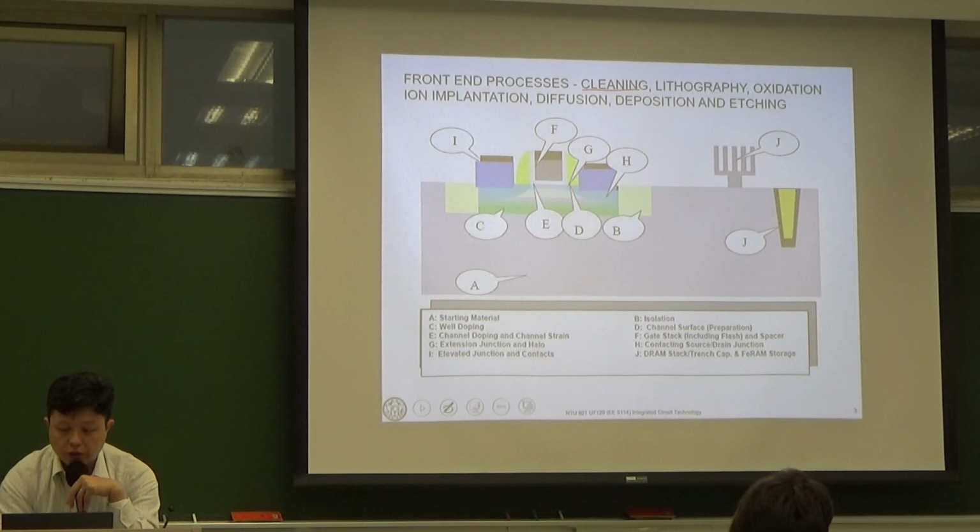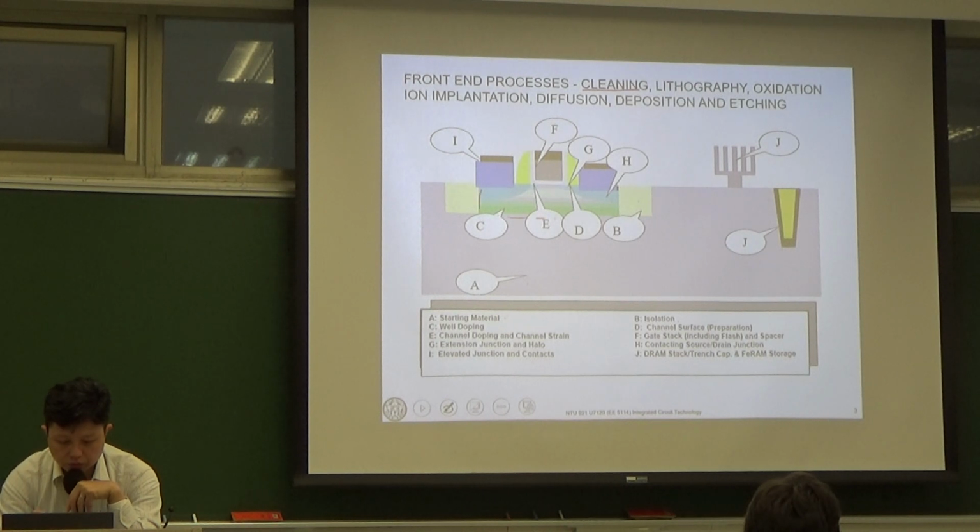Okay, those are the front end process. And here you can find out that for example, A is the starting material that we talked about in chapter 3. And B is the isolation, and C is the well.